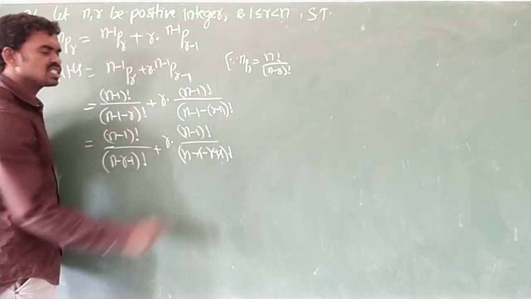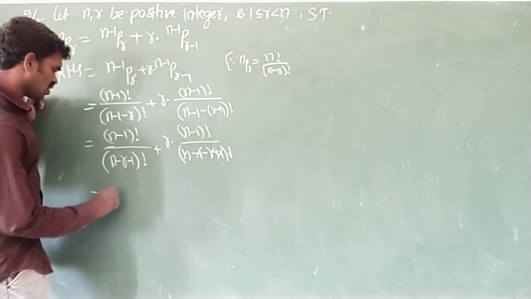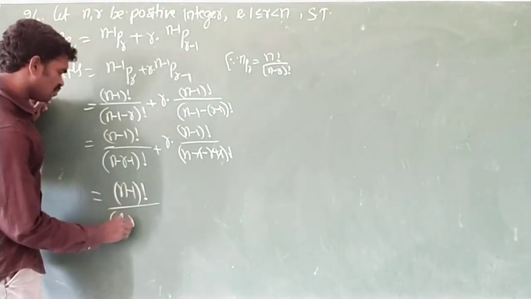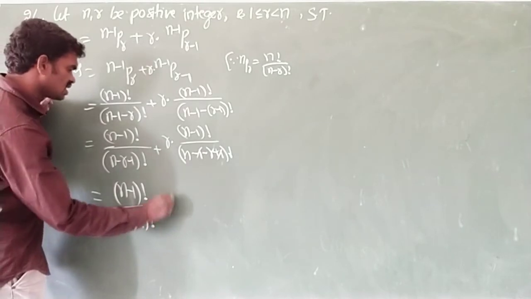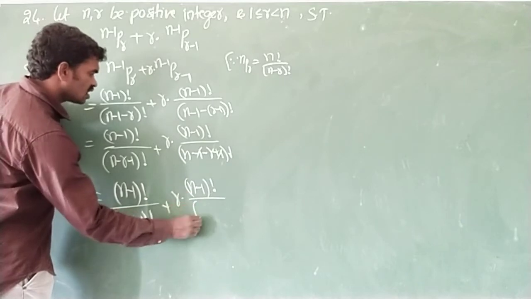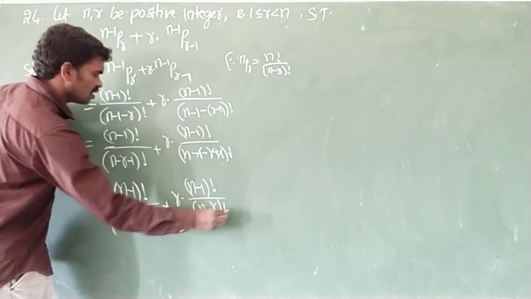So here n minus r is remaining. So (n minus 1) factorial by (n minus r minus 1) factorial plus r into (n minus 1) factorial by (n minus r) factorial.